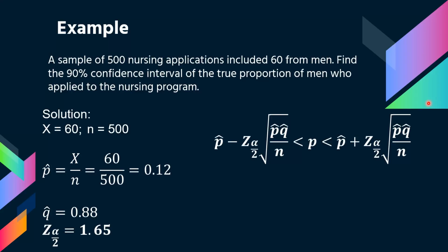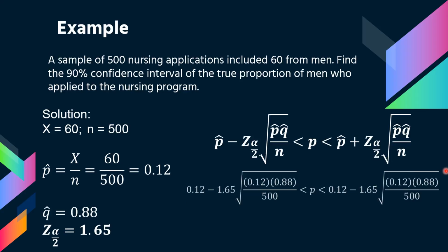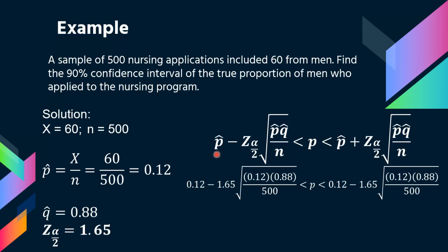So substitute the variables into the formula: the p-hat, minus the z-score from the table of the normal distribution, times the square root of the p-hat, 0.12, times the q-hat, 0.88, divided by 500.